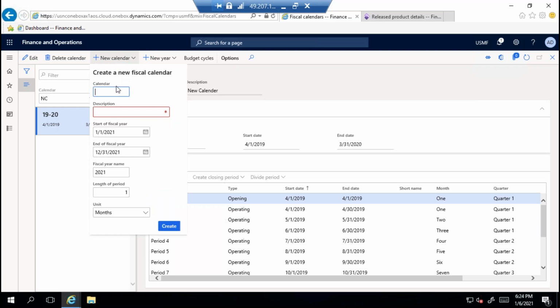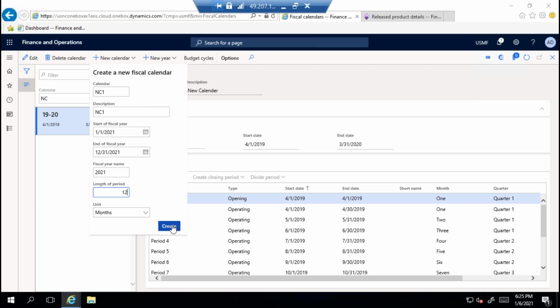Suppose you enter 12 months together into 1 calendar, it will not show that bifurcation.